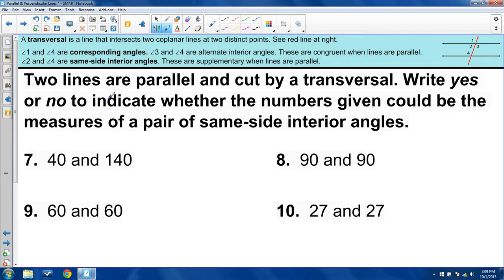Okay, here's some words and not really any drawing, but make sure that you still understand what we are looking at here. Two lines are parallel and cut by a transversal, like that. Write yes or no to indicate whether the numbers given could be the measures of a pair of same side interior angles.